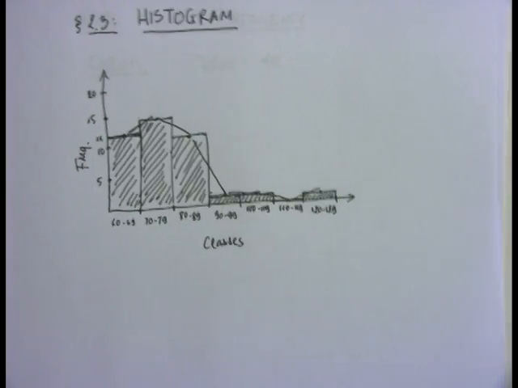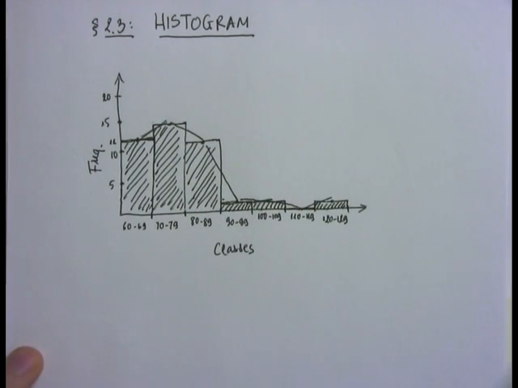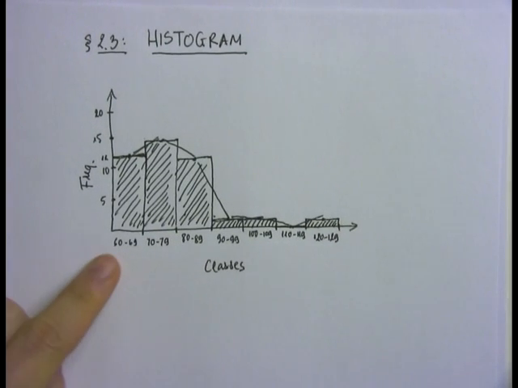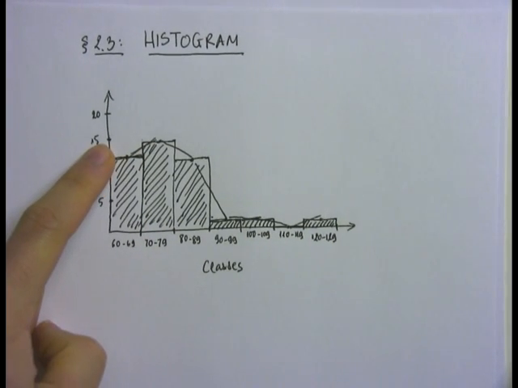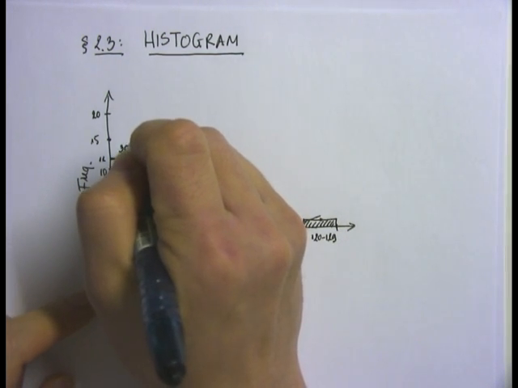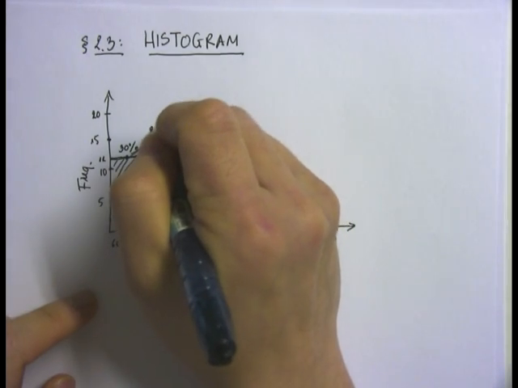In this histogram, the first column represents the class from 60 to 69, and we have 12 as the actual frequency. So now you can write just right above it the percentage of that. So here it has 30%, and here I can do 35%.